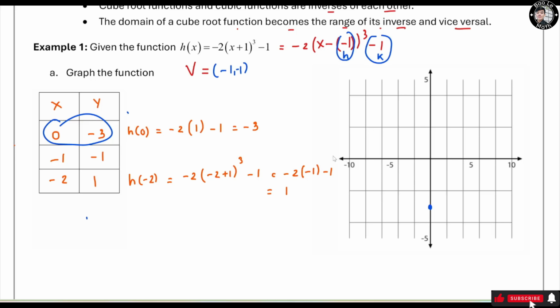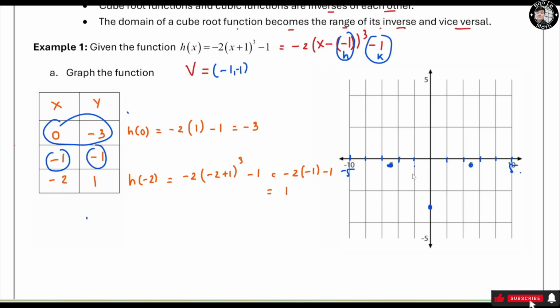Now I'm going to change the scale of the x-axis. This is -1, this is -2, -3, -4, and -5. And this is 1, 2, 3, 4, 5. Alright, now s equals -1, y equals -1.